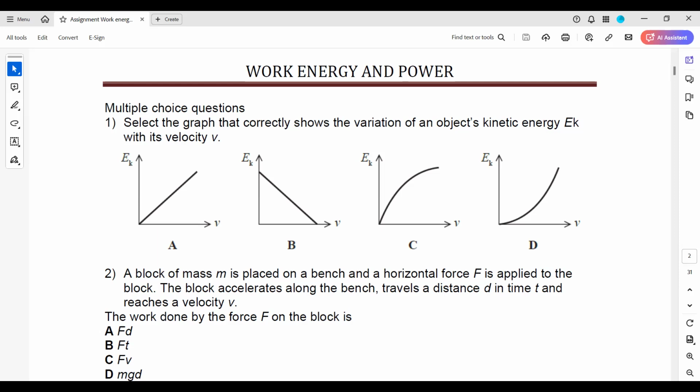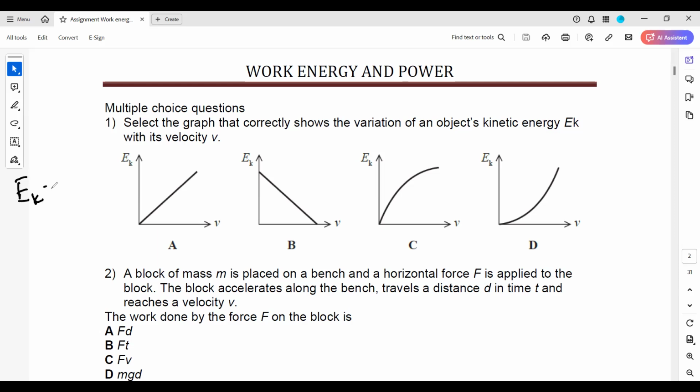Which graph shows the relation between the velocity and the kinetic energy? The formula for kinetic energy is half mv square. Don't bother about the answer being wrong, as this is just part of understanding the topic, so it's not an issue if you made a mistake.